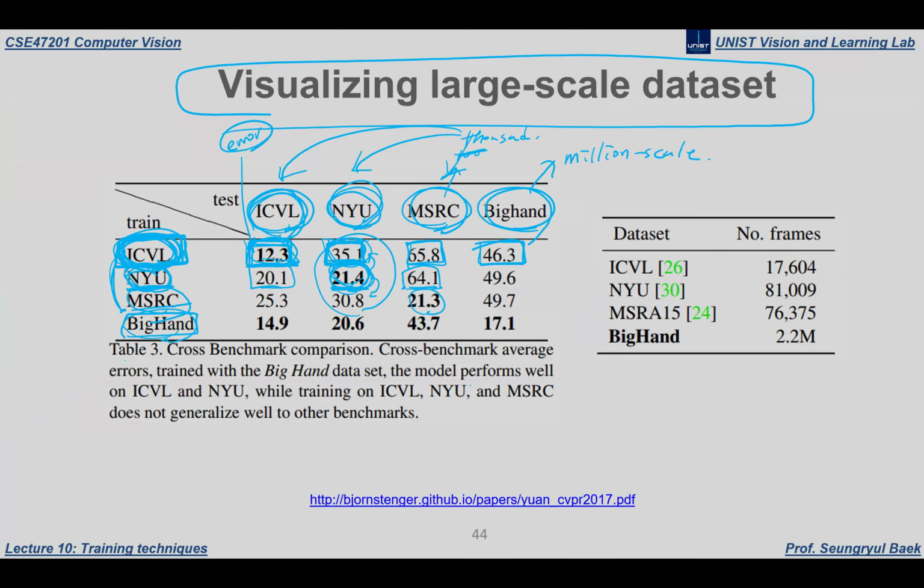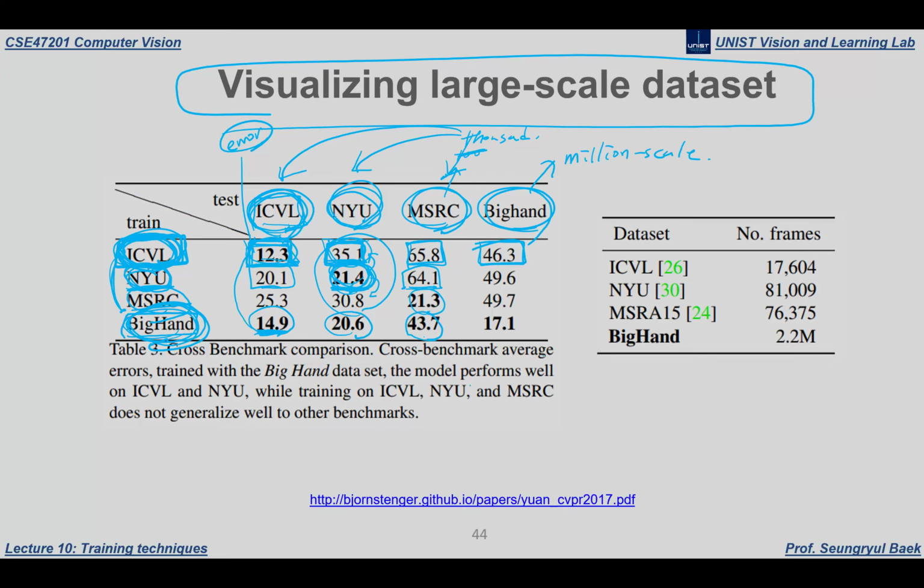But with BigHand, which is the largest data in 3D hand pose estimation, when trained on BigHand and evaluated on other benchmarks, even though it is not trained on ICVL, the error is better, even better than the one obtained by the NYU trained result.